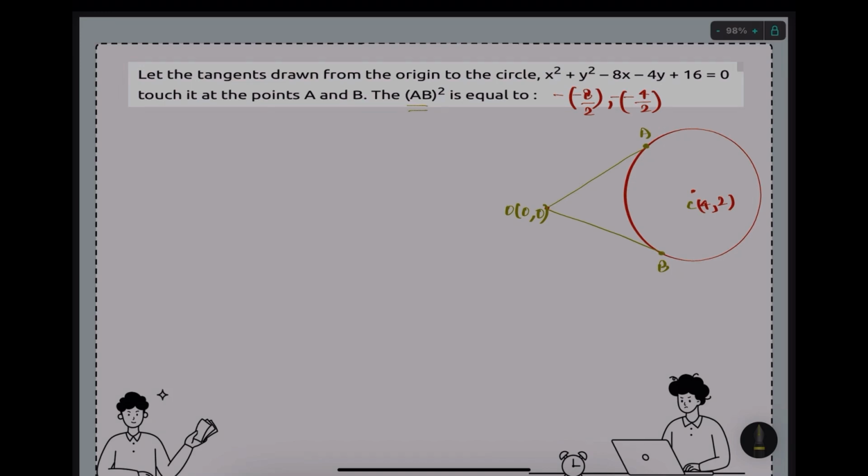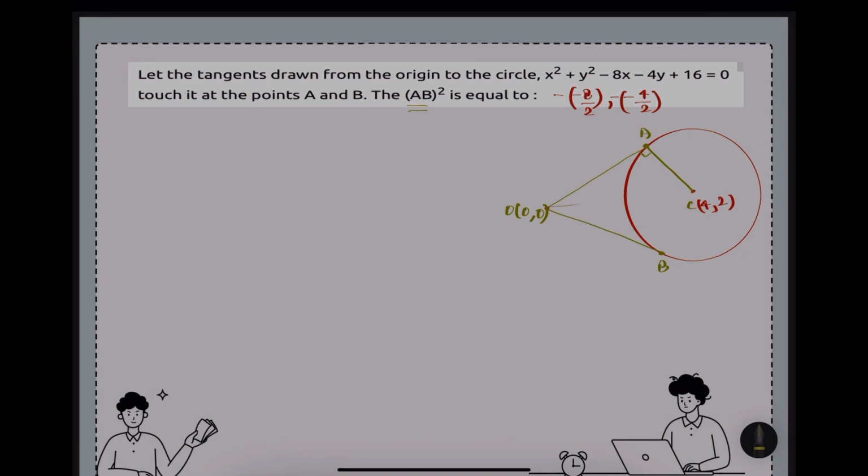Okay, so how we will approach, look at this. If you want to avoid memorizing formula, you should go with this question, and look at the approach I am following. You know that the radius will be perpendicular to the tangent.